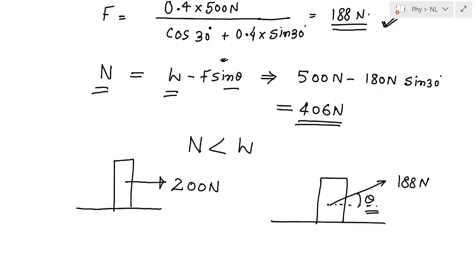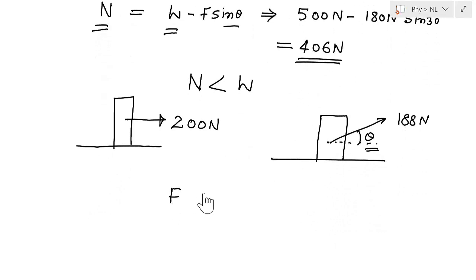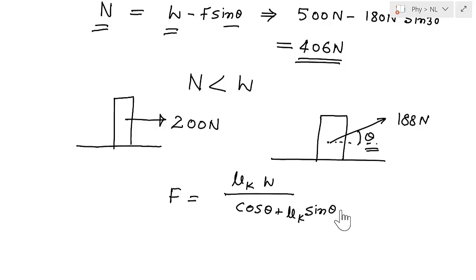What is the expression for the force? The expression for force is mu k times W divided by cos theta plus mu k sin theta. That was the expression for force.